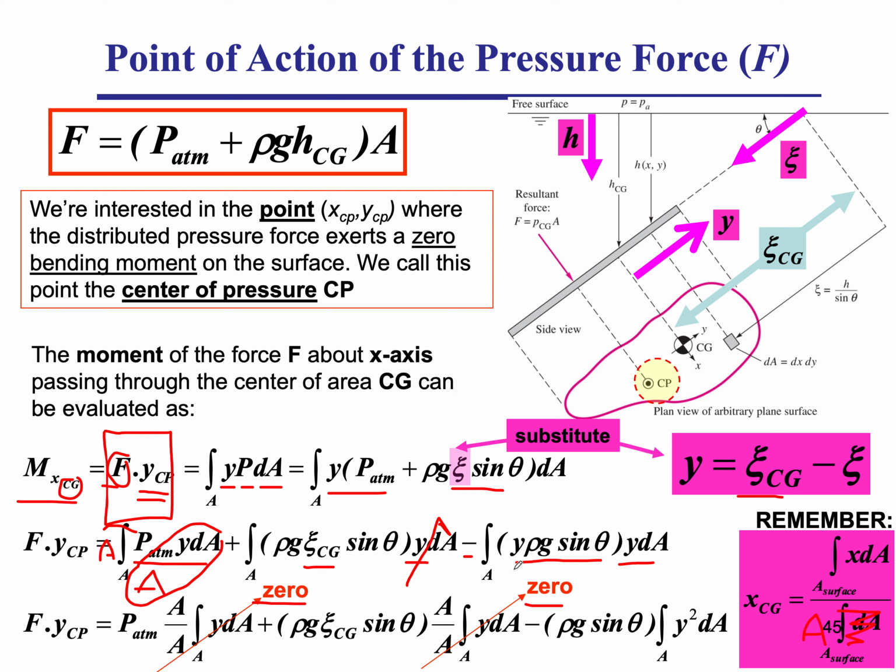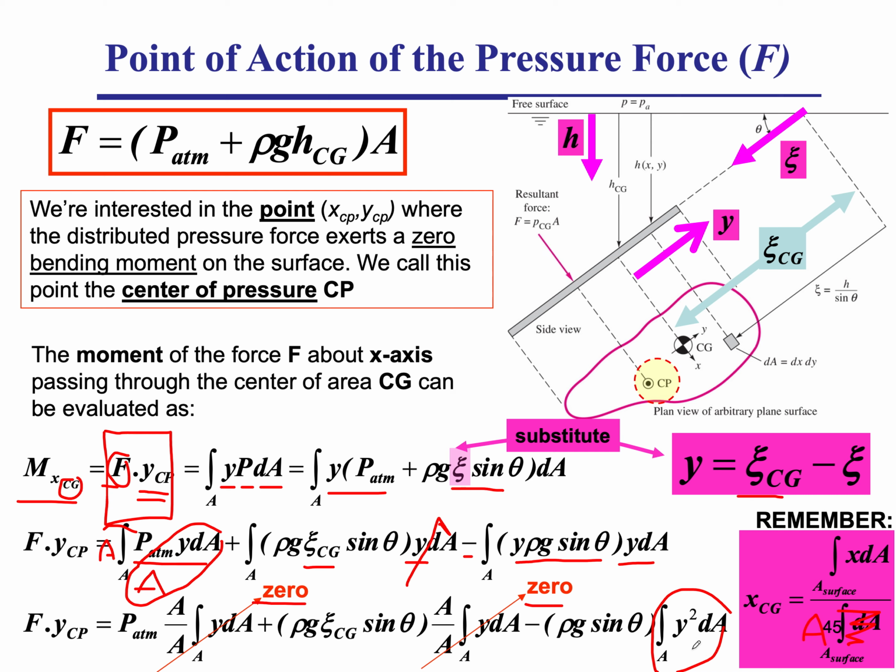And then I'm left with y squared dA, which would be my moment of area. So if y dA is the first moment of area, which is the centroid, this is the second moment of area, which is the sort of moment of inertia or moment of area, if you will.